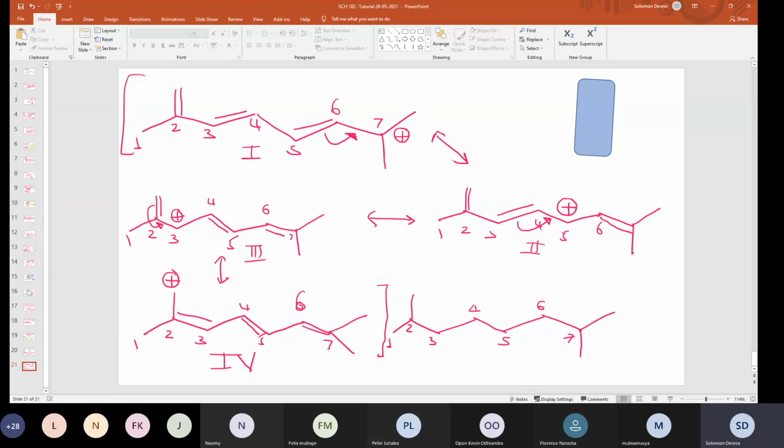Carbon number 7, okay? So the positive charge is on 7. On resonance number 2, on which carbon? Carbon 5. On resonance number 3, on which carbon is the positive charge? Carbon number 3. On resonance number 4, okay, so let me call it the other carbon, okay? All the same, let me call it 1 prime, okay? For our purpose, okay?